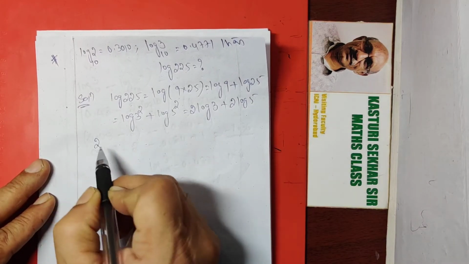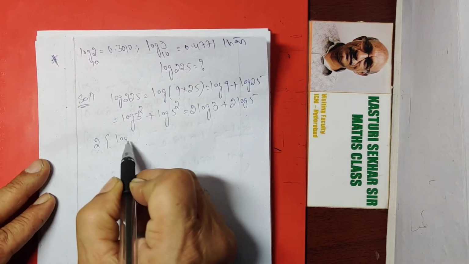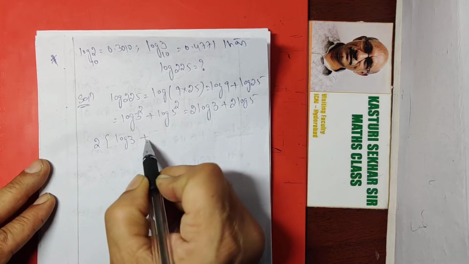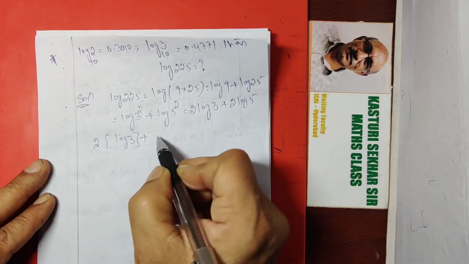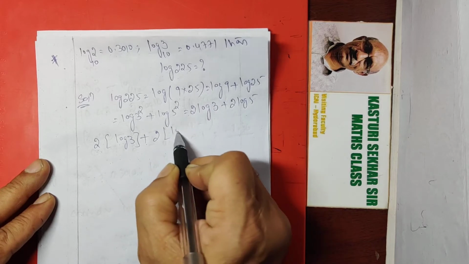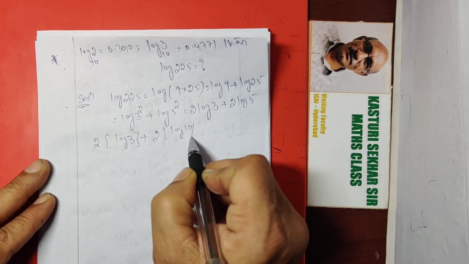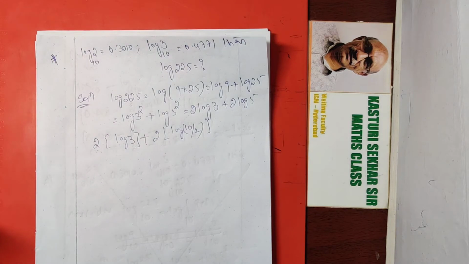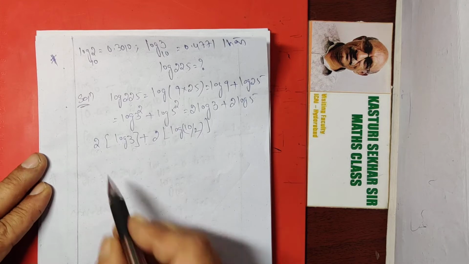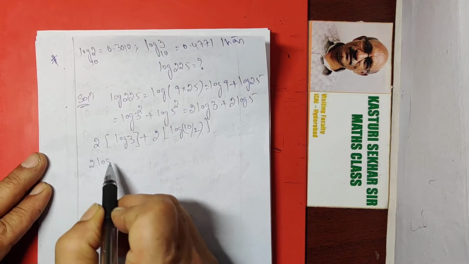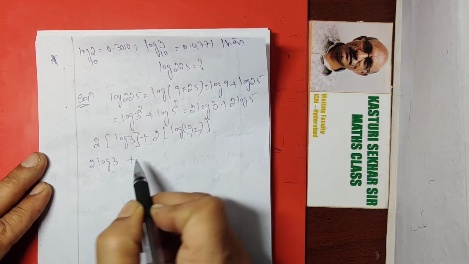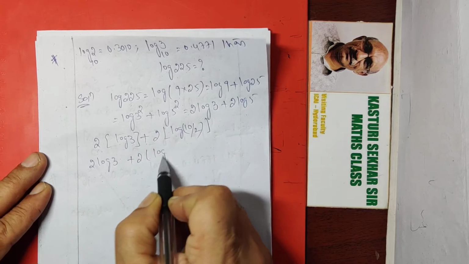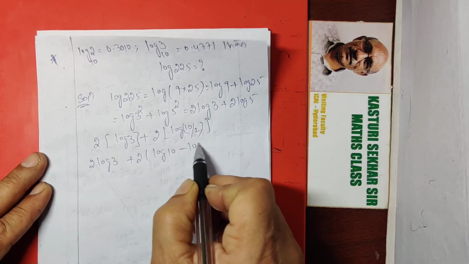2 into log 3 plus 2 into log 5. I want everything in terms of 2 and 3, so 5 is written as 10 by 2: 2 log 3 plus 2 into log 10 minus log 2.